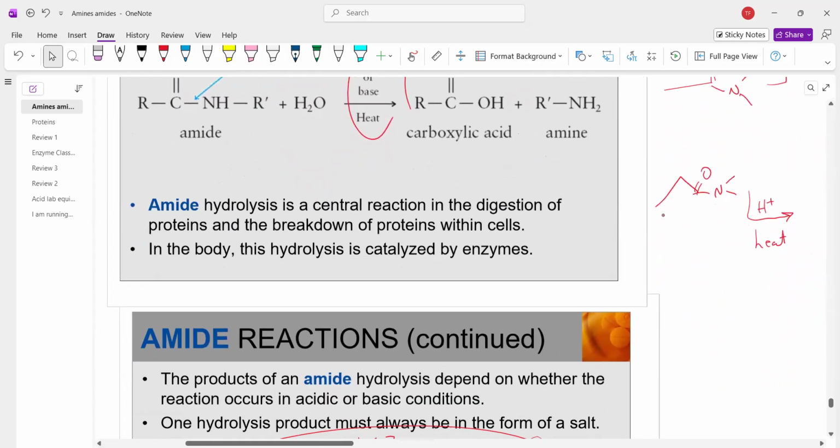Now, biologically, this is a really important reaction because this is how we digest protein.